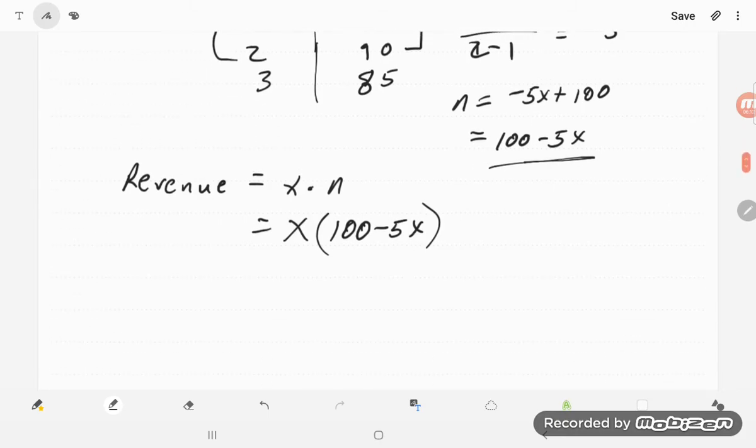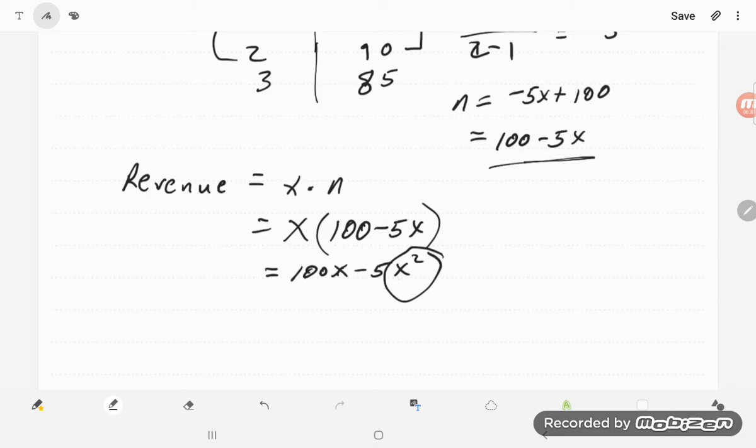And if I multiply through by the x, I get 100x minus 5x squared. And so here's the idea in this section: we want to look at this idea of a quadratic. So a quadratic is a model that includes x squared.